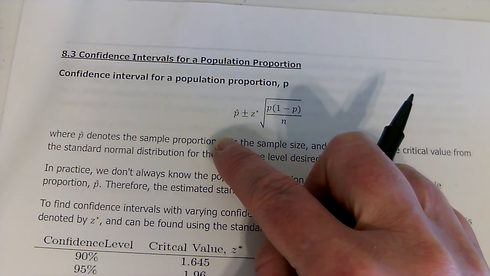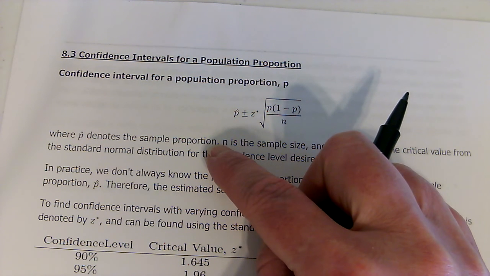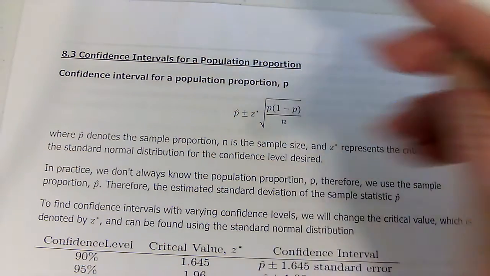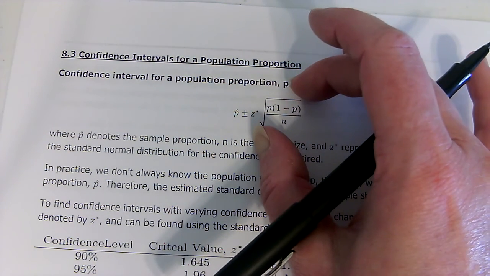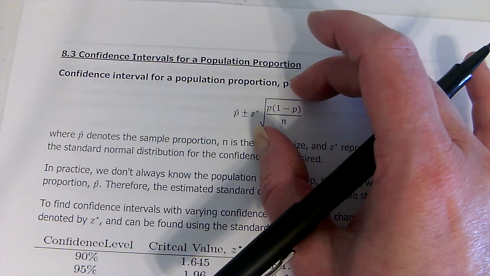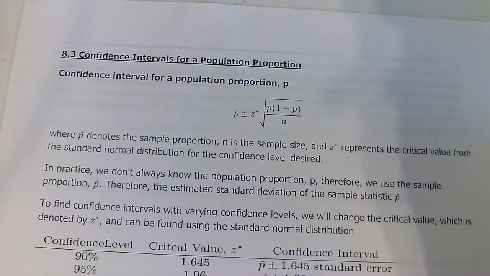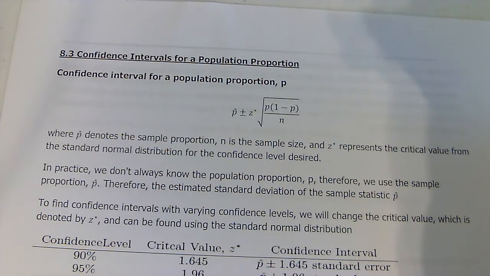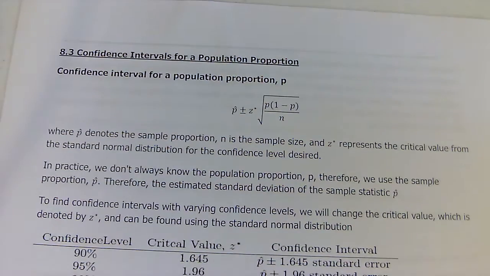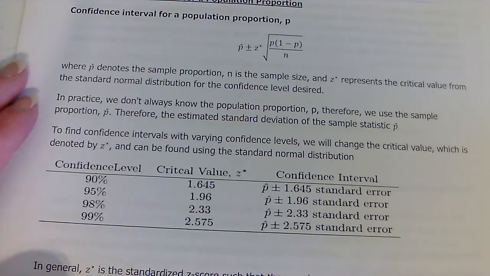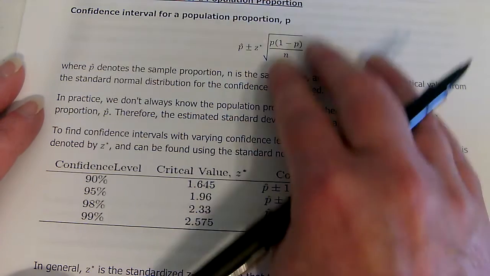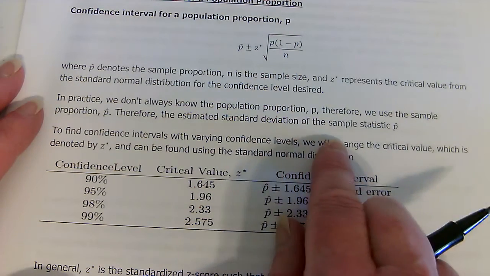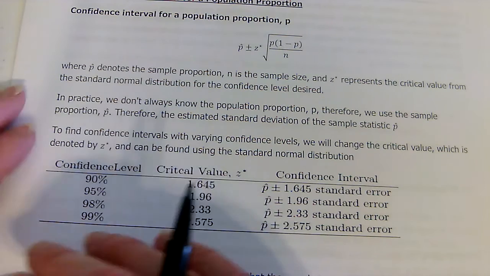The p-hat represents the sample proportion, and this was basically the standard deviation for the sample, and the z star is that critical value. So it's very similar to what we were doing. Again, that square root thing was the standard deviation of the sample statistic.